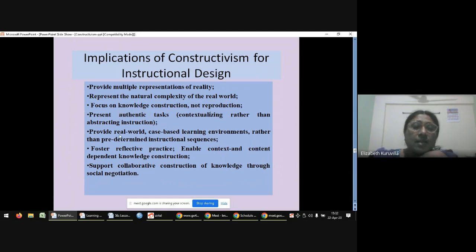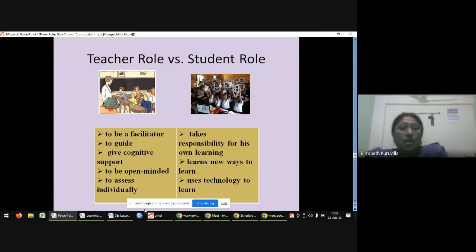Present authentic tasks, provide real-world case-based learning environment rather than predetermined instructional sequences, foster reflective practice, enable context and content-dependent knowledge construction. Next, support collaborative construction of knowledge through social negotiation. So these are the implications of constructivism. When you look at the teacher's role and the student's role, what is it in a constructivist classroom?